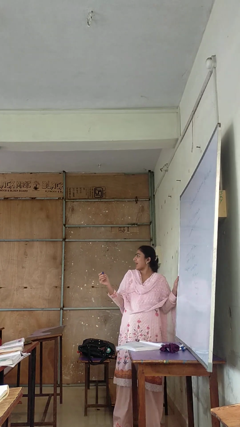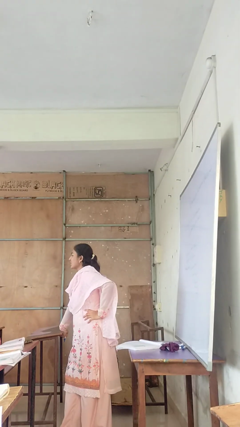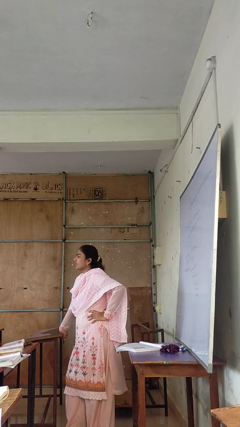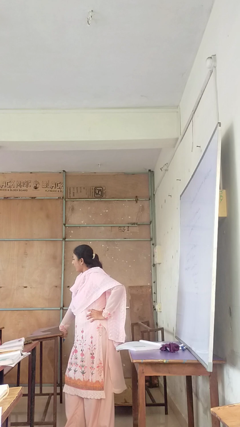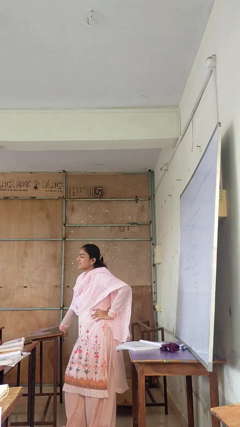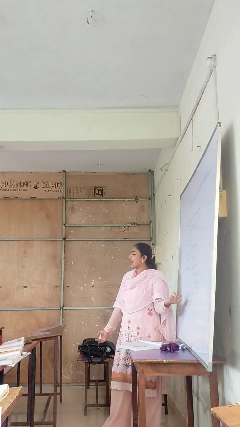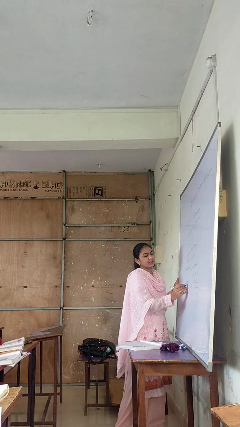Okay, at the time of fertilization, what happens? First of all, ejaculation takes place. Ejaculation means the liberation of the semen through the penis in the male. And whatever semen is there will be introduced into the female genital tract.